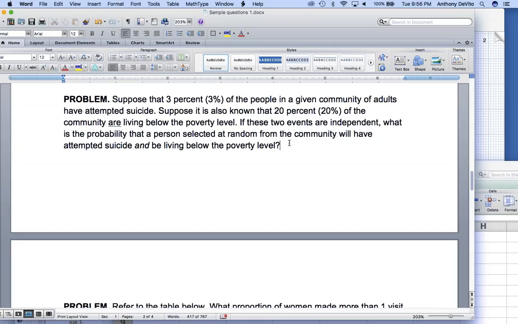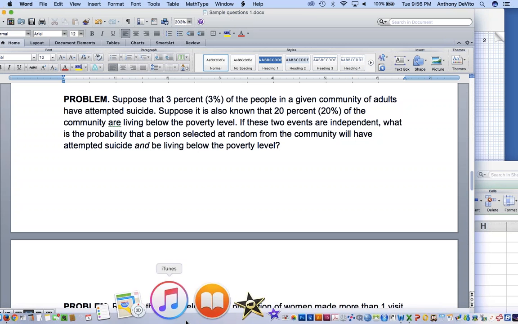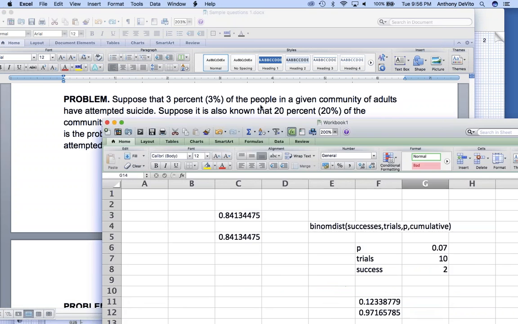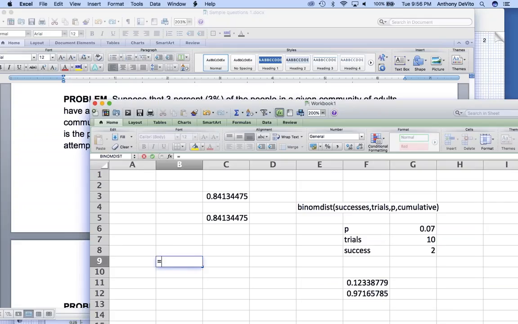I'm going to pull up Excel again just so we have it. So the probability that any individual you chose from this population would be living below the poverty level and have attempted suicide is about 0.6%, 0.006.